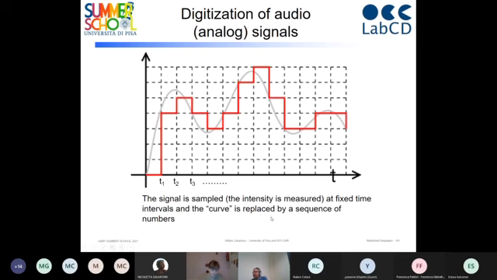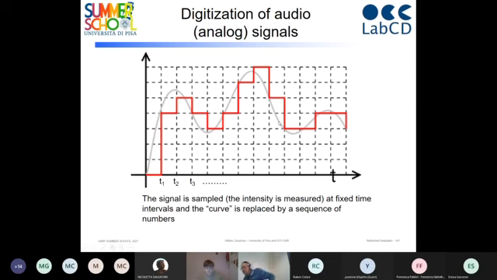So at the end of your sampling, you no longer have the signal, but a sequence of numbers, each one representing the height of the signal at each instant in time.